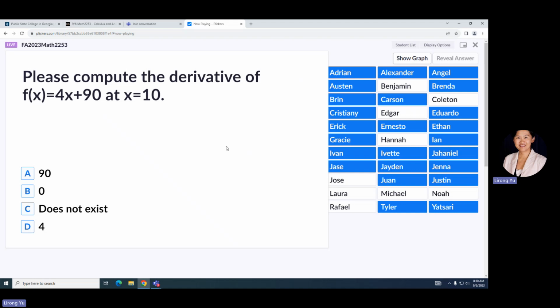All right, when the derivative is 4, we know the line is going up, it's increasing. So derivative positive indicates increasing line or increasing direction. Derivative negative means decreasing, the line goes this direction. But when the derivative goes to 0, that means there's no increasing, there's no decreasing. So derivative really gives us the direction of going this way, or this way.